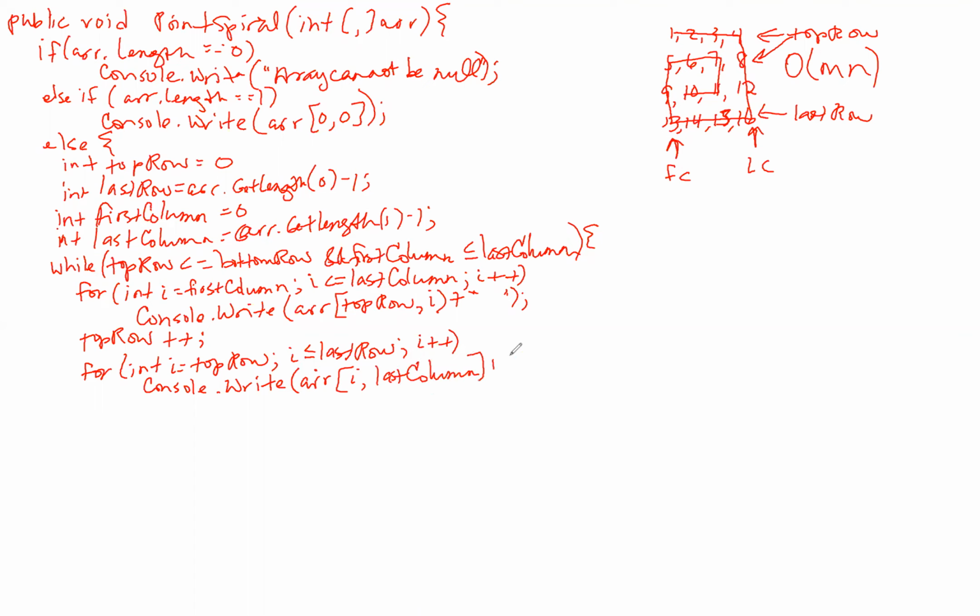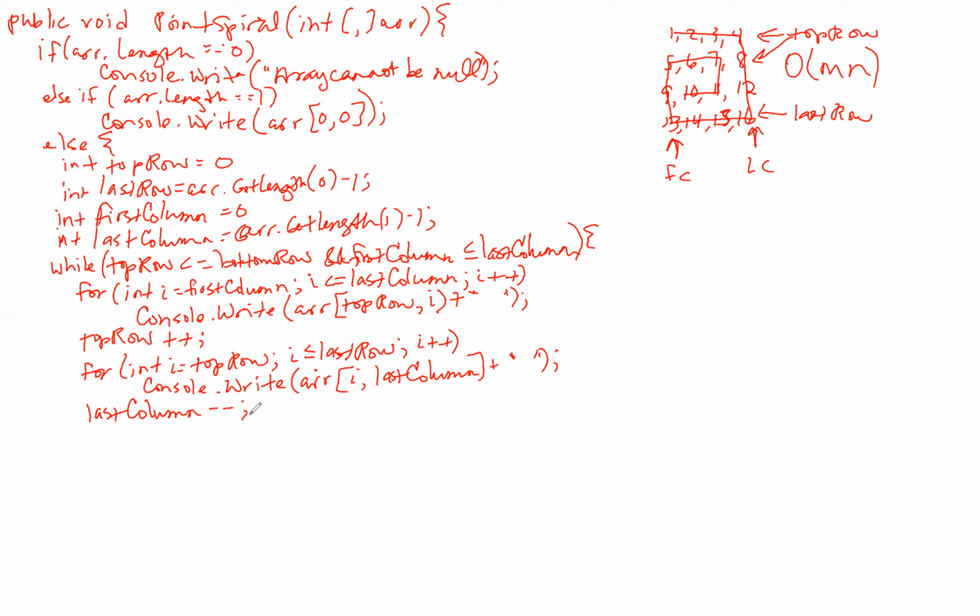And we'll put a little white space in there so it prints all pretty. And then what we needed to do after this was decrement the last column, because we no longer want to be looking at this last column. We'll be now at the next column, the column to the left of it. So last column minus minus. Okay.